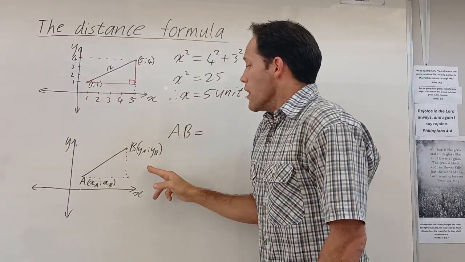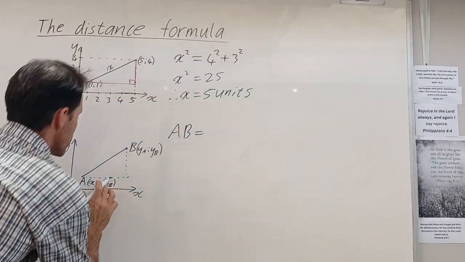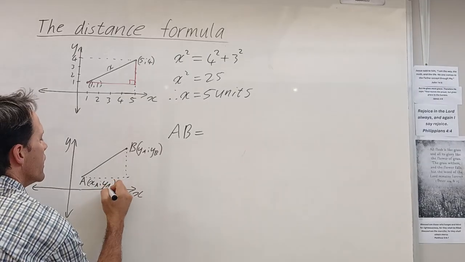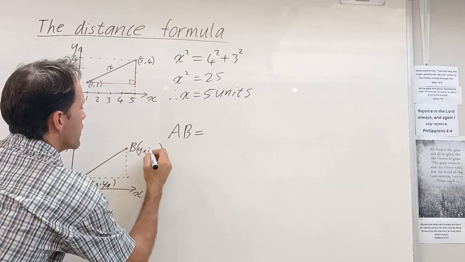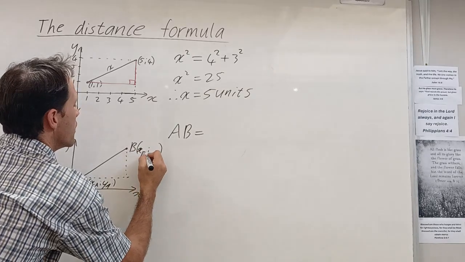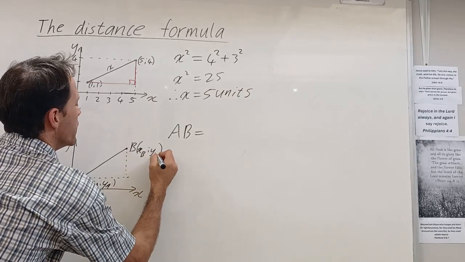Okay? So, sorry, here it must be xA and yA, and there it's xB and yB.